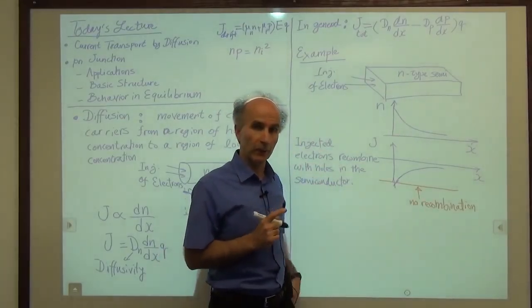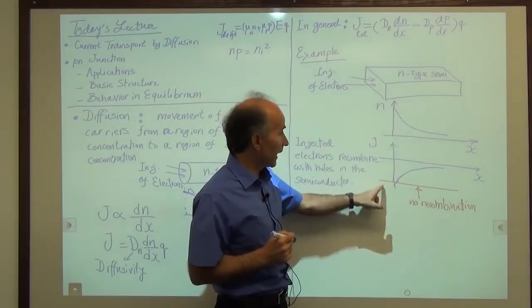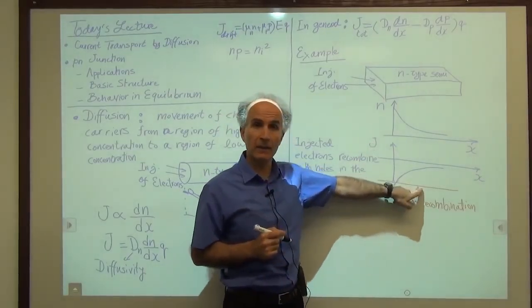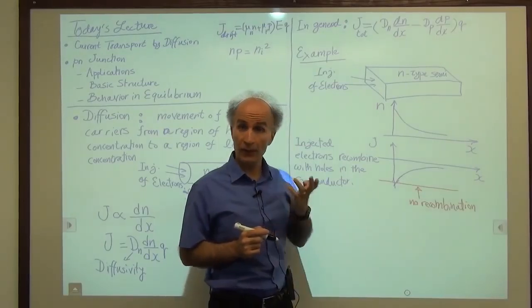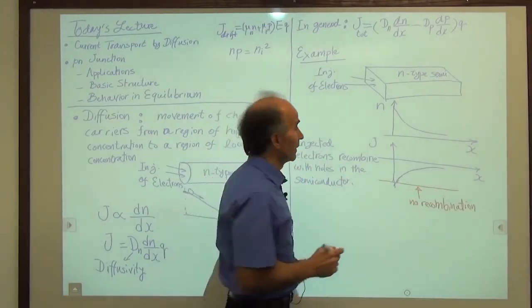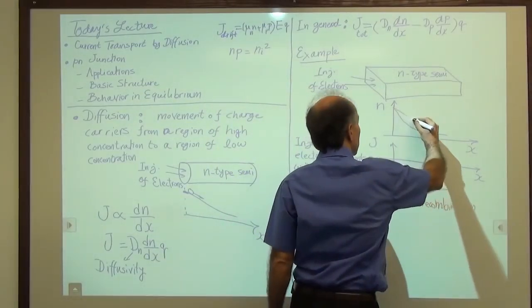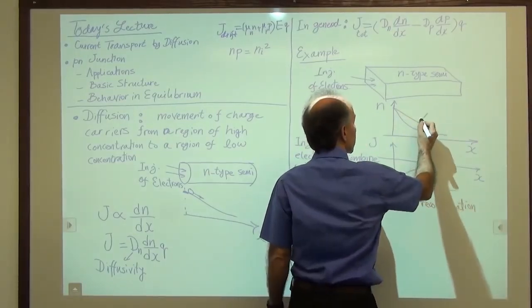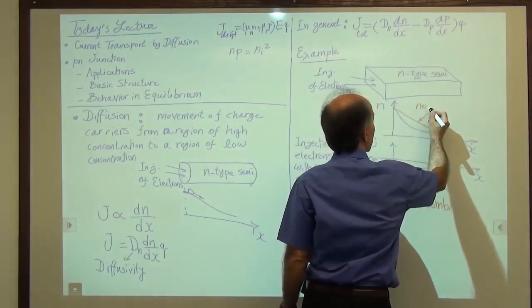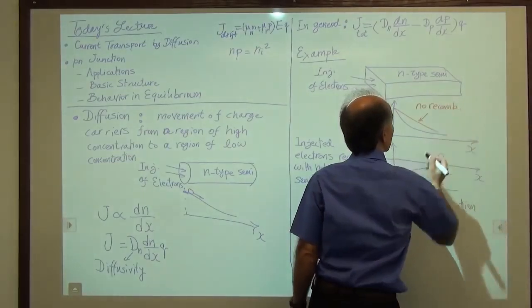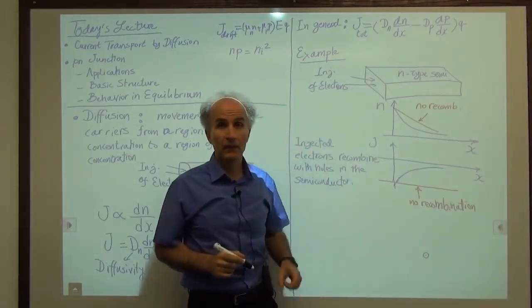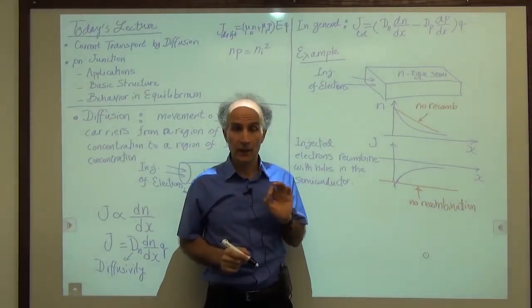Okay, now we work backwards. If J is constant like this, what should N look like? N should be a straight line with a negative slope. So N has to be like this. So that is the case of no recombination. You see that diffusion still occurs.